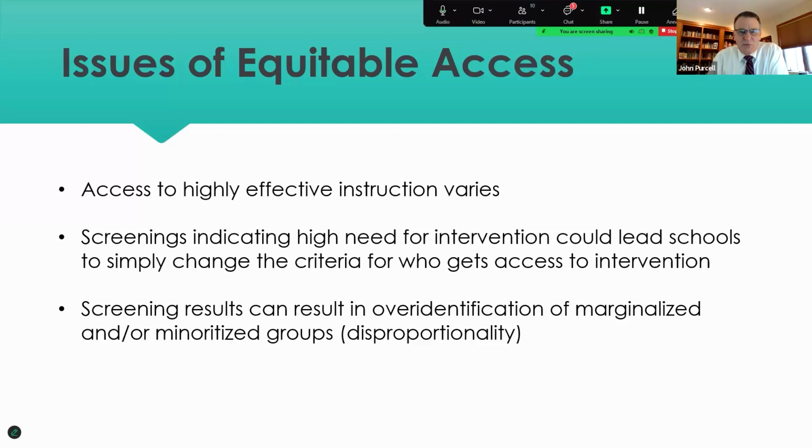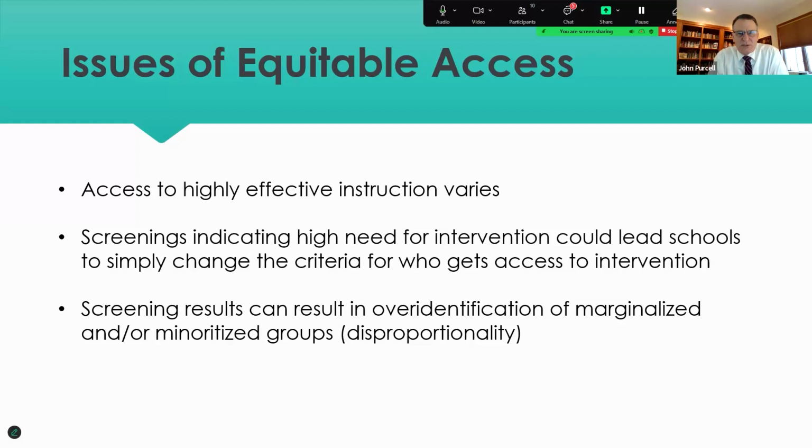Sometimes we change that criteria. Okay, well, they're not where they should be, but that's okay. We're going to change that criteria so that they're doing okay. And screening results, sometimes we over-identify students who are marginalized students or minority groups. We have that disproportionality where we're using those screening results ineffectively.